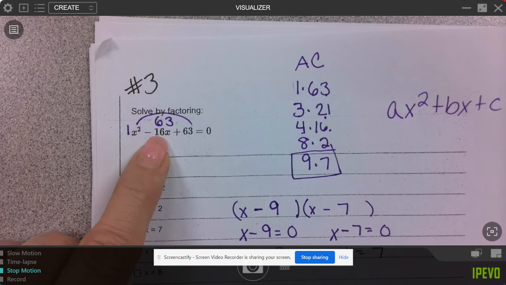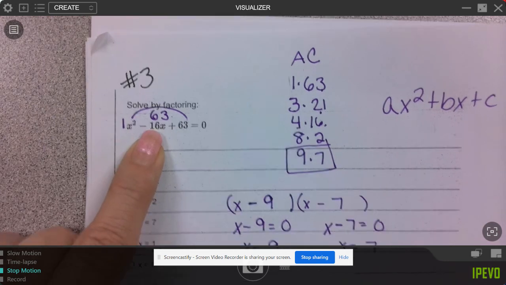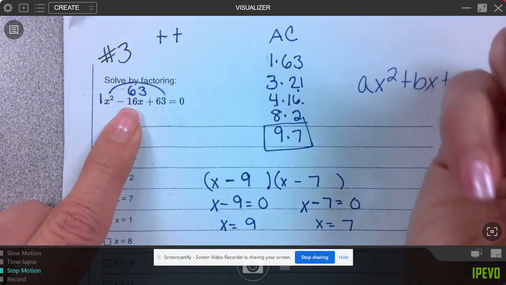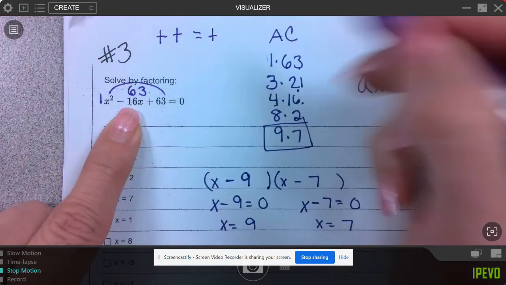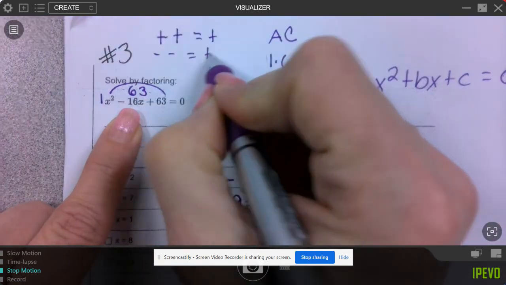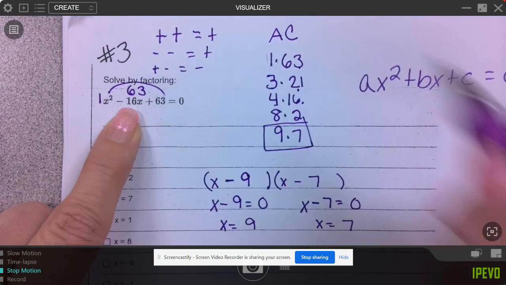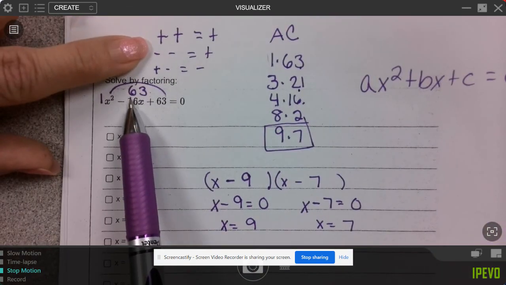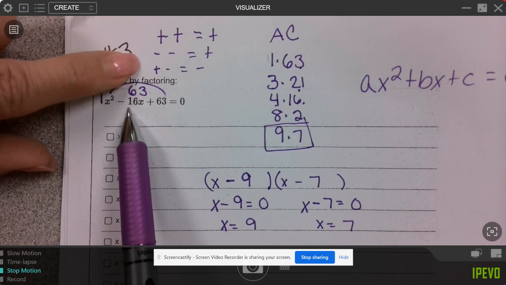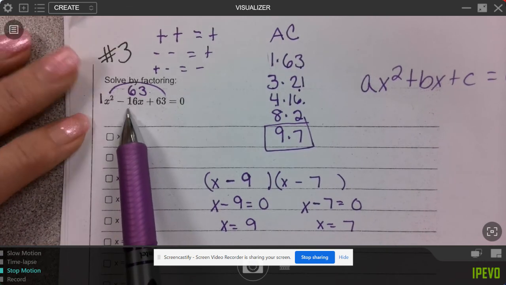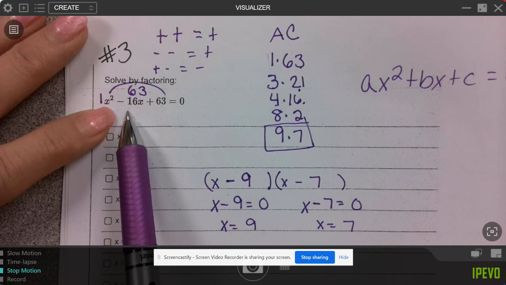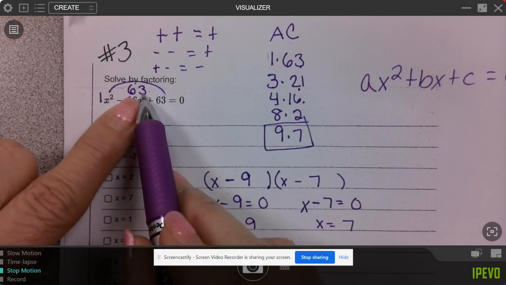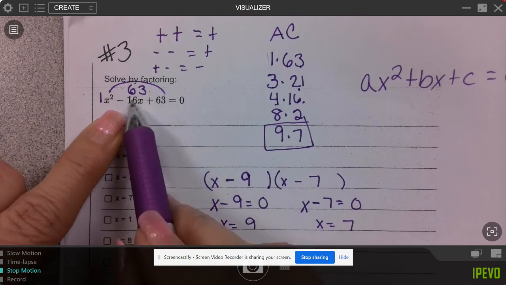Now, we had to use the rules of multiplication, so I have a positive times a positive gives me a positive, 2 negatives is a positive, and a plus minus is a negative. So in order for me to multiply 2 numbers and get a positive and add and get a negative, we had to use 2 numbers that multiply to give you a positive, and when you add them, same sign, add and keep.